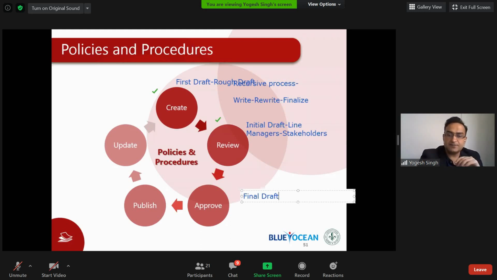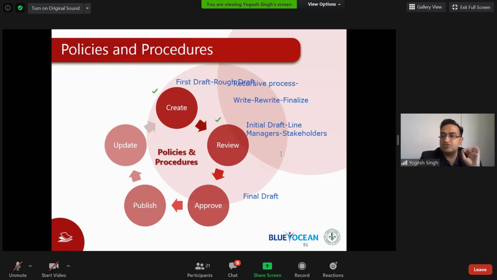The final draft obviously needs to go for approval to the management again. Management approves it, then you publish, and then you can update it whenever you want. So this is a cycle of creation, review, approval, publish, update, which goes on in all policies and procedures. Okay. So what is the key thing here to remember? That it's a recursive process.